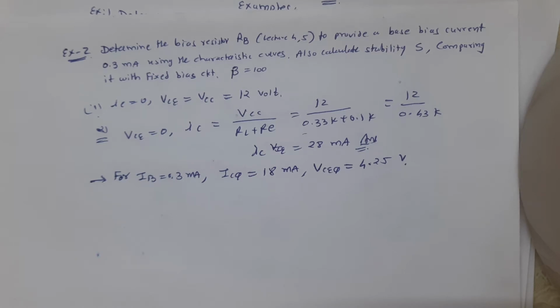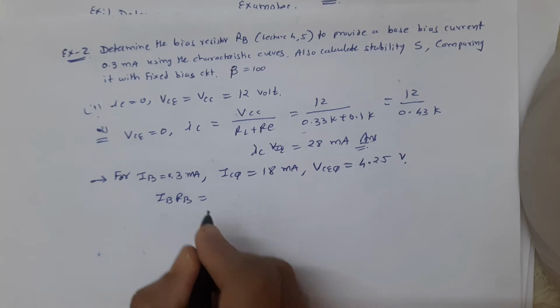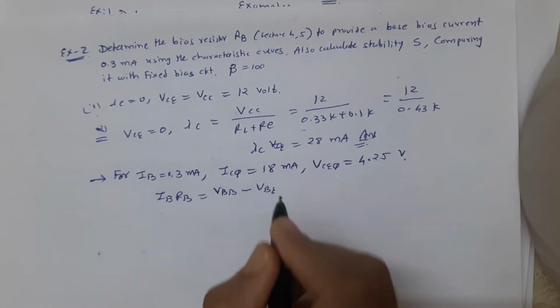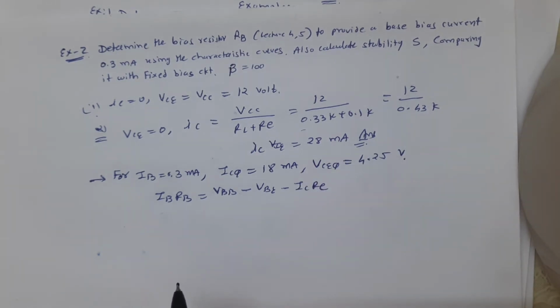It was shown before that IBRB is equal to VBB minus VBE minus ICRE. For a germanium transistor, VBE is nearly equal to 0.2 volt, and for a silicon transistor, VBE is nearly equal to 0.6 volt.